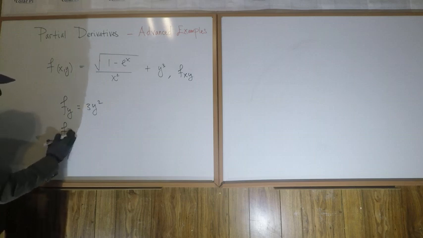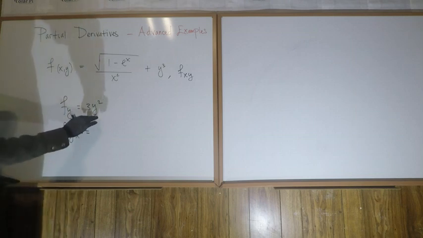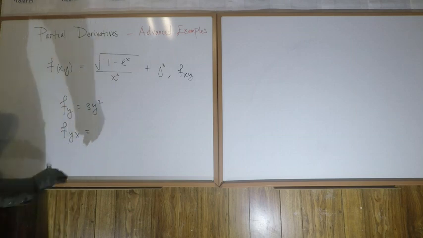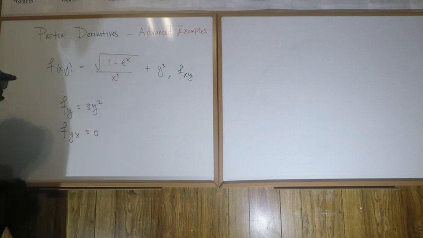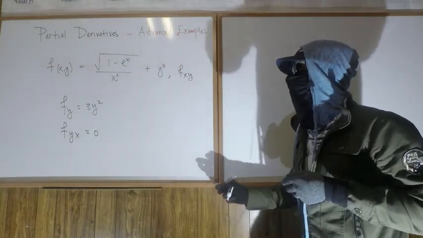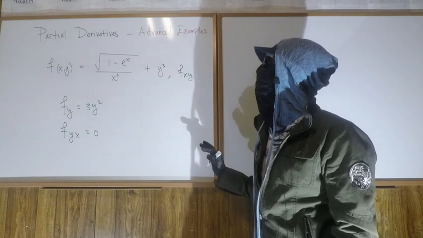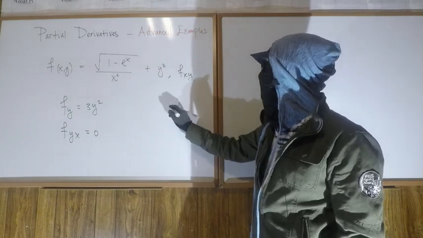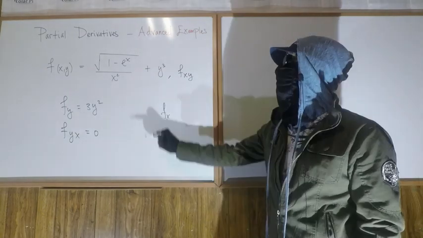Now we do f_yx, and so we follow this result with the partial with respect to x of it, and that's going to be 0. And actually, it wasn't very hard to see that we're going to get 0 even if we went in this direction. Let's talk high level. If we did f_x, that's a partial with respect to x of this.